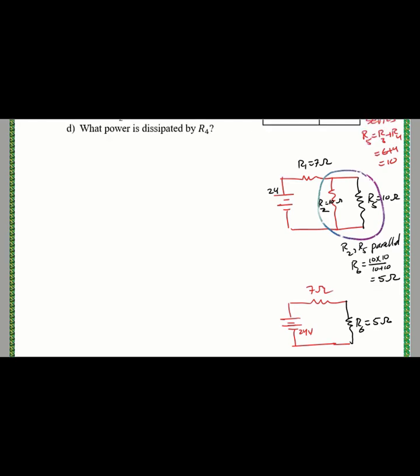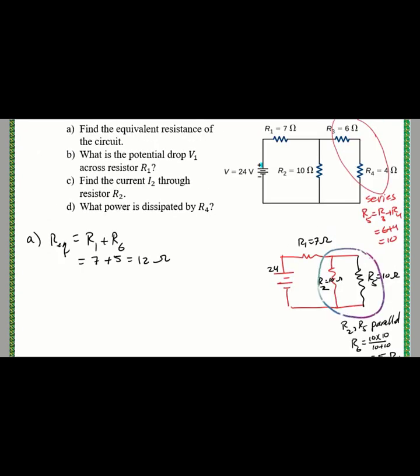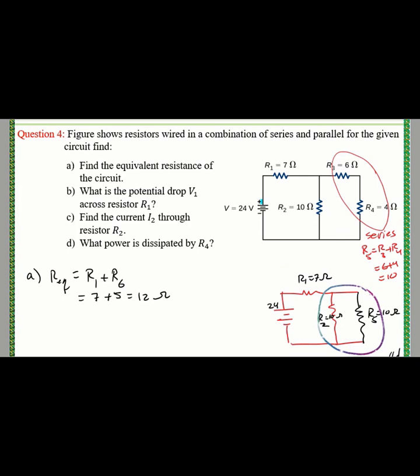Now it's easy to find that R equivalent is R1 plus R6 in series. Sorry, R1 is 7 plus 5 for R6, so it is 12 ohms. Here we find the equivalent resistance.